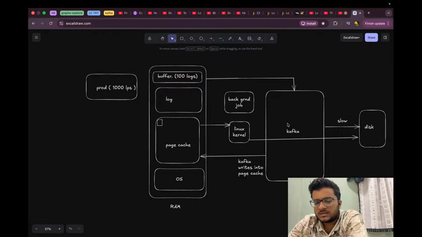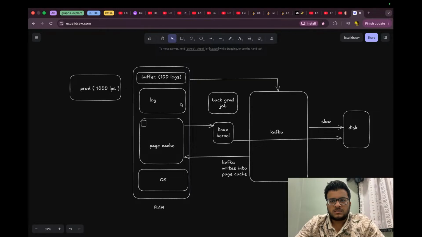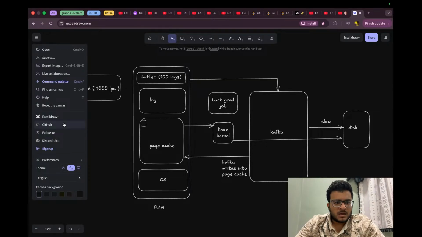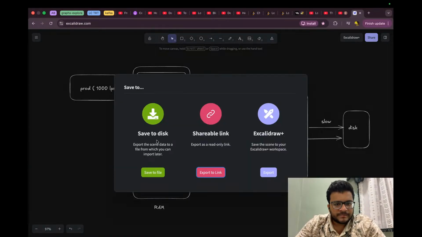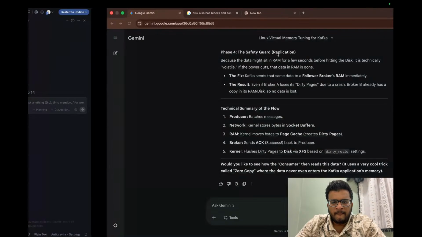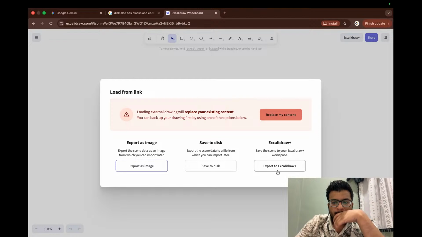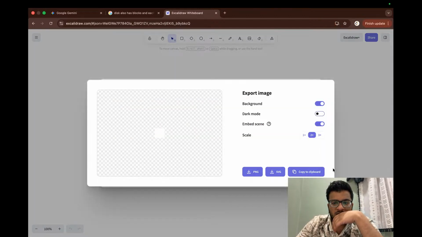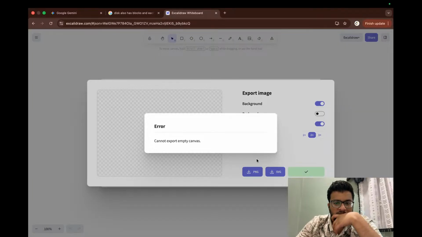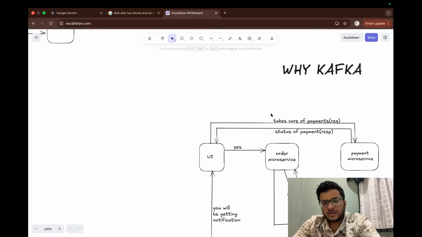So yeah, I think I covered this. Let me save to disk. Nice. Let me open this and see. Let me copy. Let me click on replace my content.